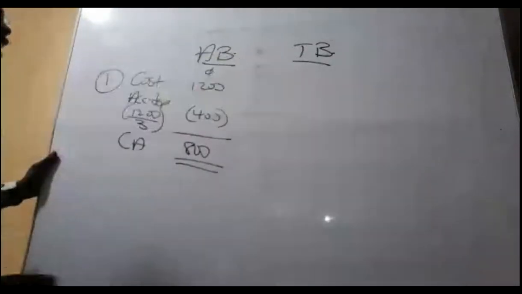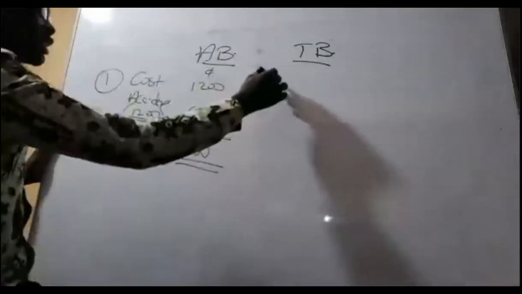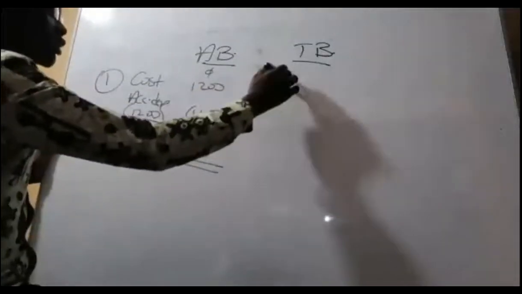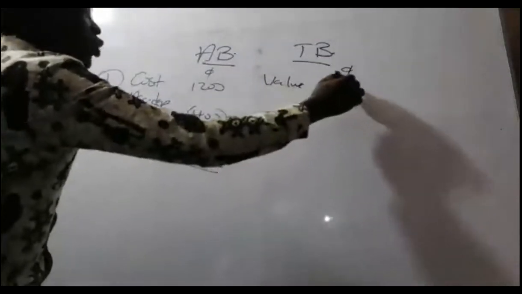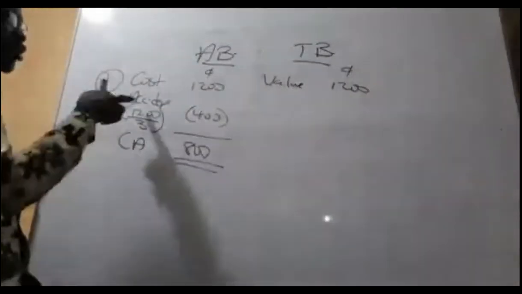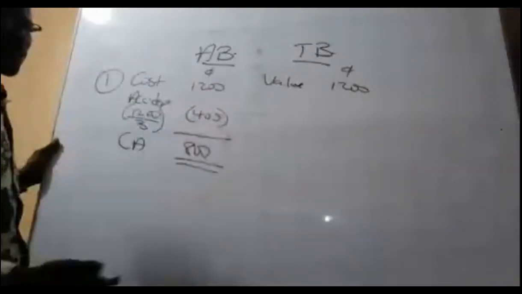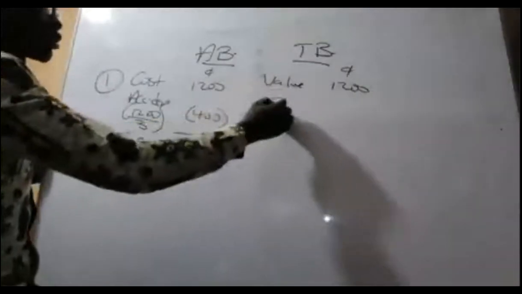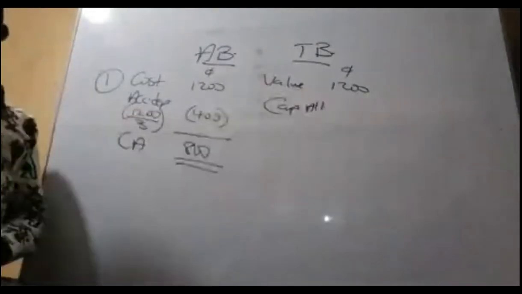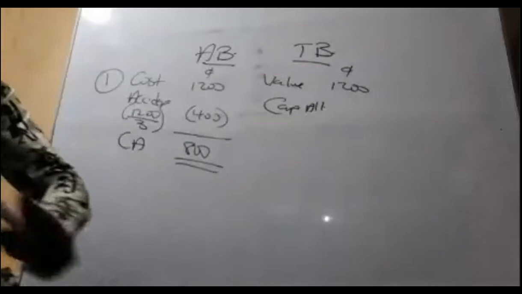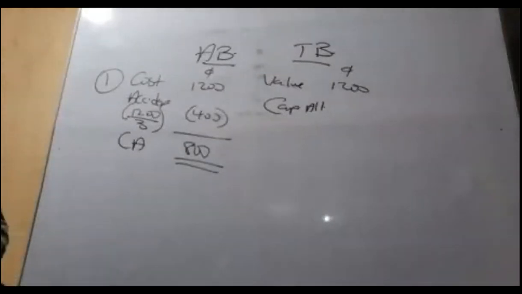Then what about the tax base? So the value of the asset for tax purposes is still 1,200. They will not accept depreciation. The tax man's depreciation is called capital allowance. And they are saying the entire amount must be granted to you in the year of purchase.